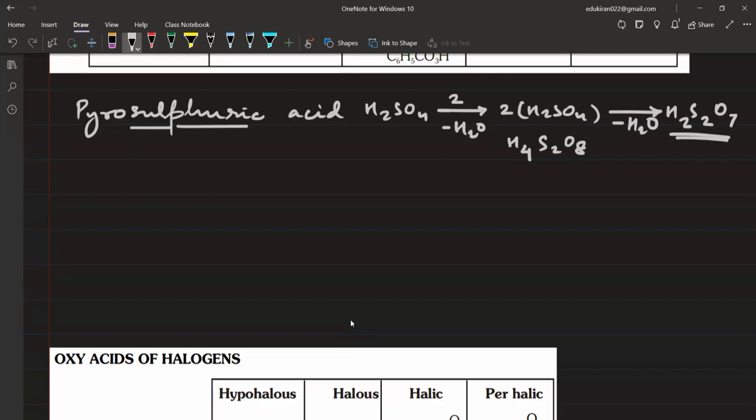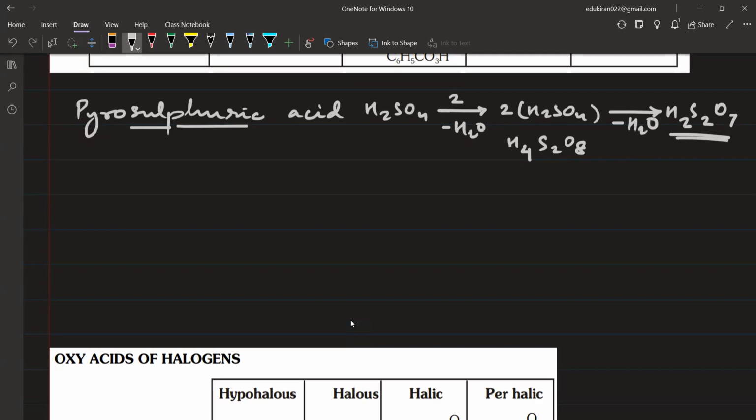Structure कैसे बनेगा इसका, please see. Whenever you have the pyro form, then in that case you will have SOS bond. ठीक है, SOS bond. एक चीज आप याद रखिएगा, तीन केसेस ले लीजिए आप.